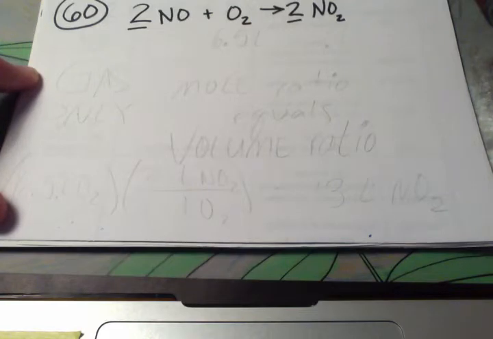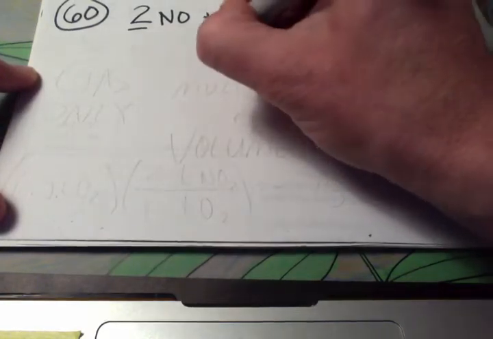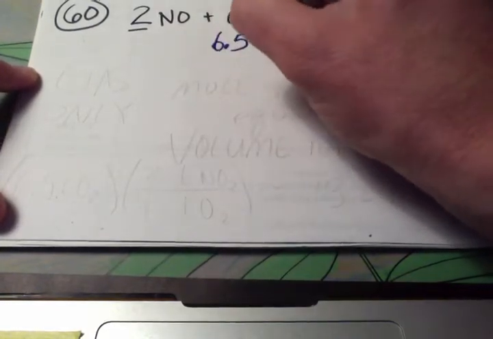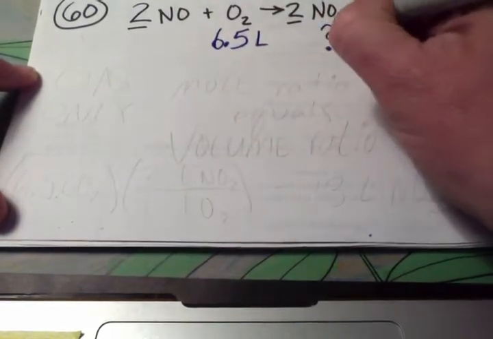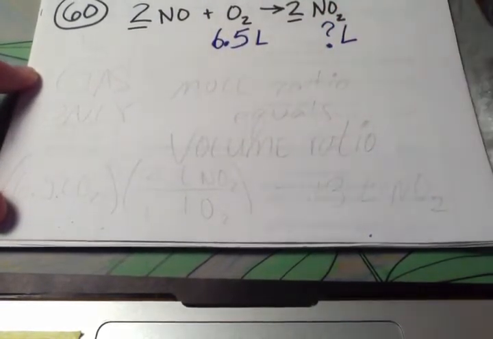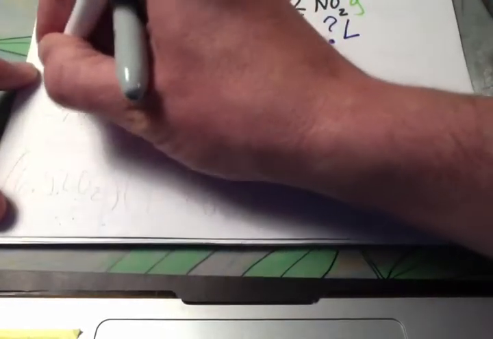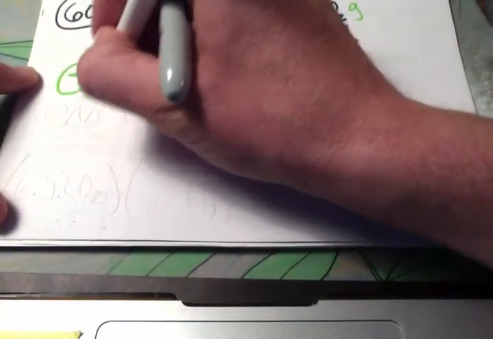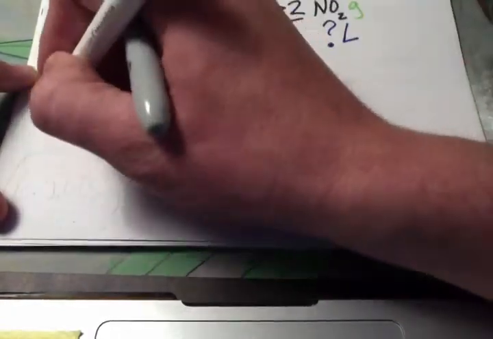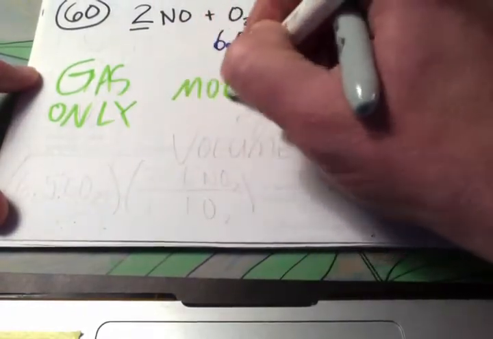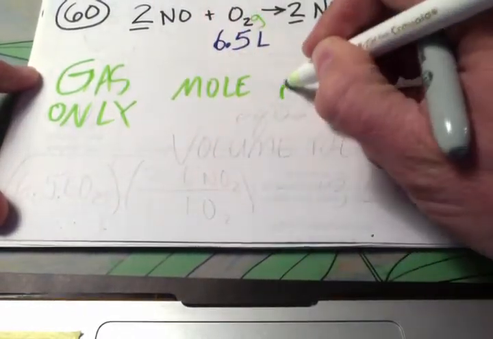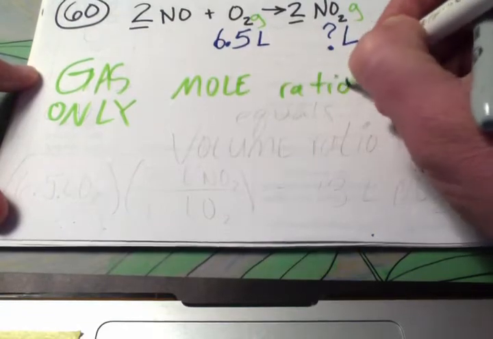All right, what do we got here? Oh yeah, now identify your known, identify your unknown. That is the whole key. Now the thing is liters to liters. Oxygen's a gas, NO2, I believe it says; you should ask Miss Levine about that.